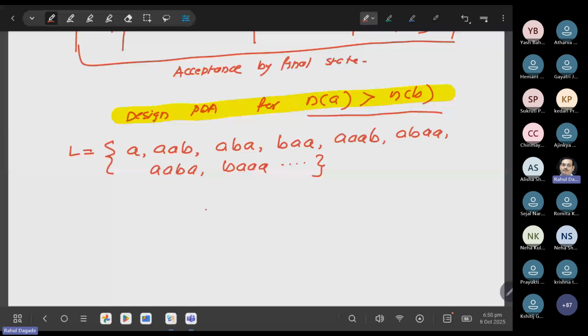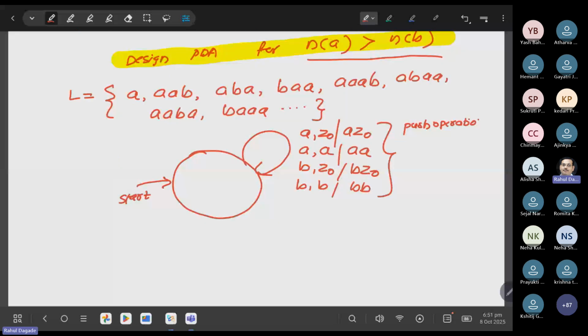So these are all push operations. Push operations for what? For an empty stack we push, and also when the input is the same as the top of stack.